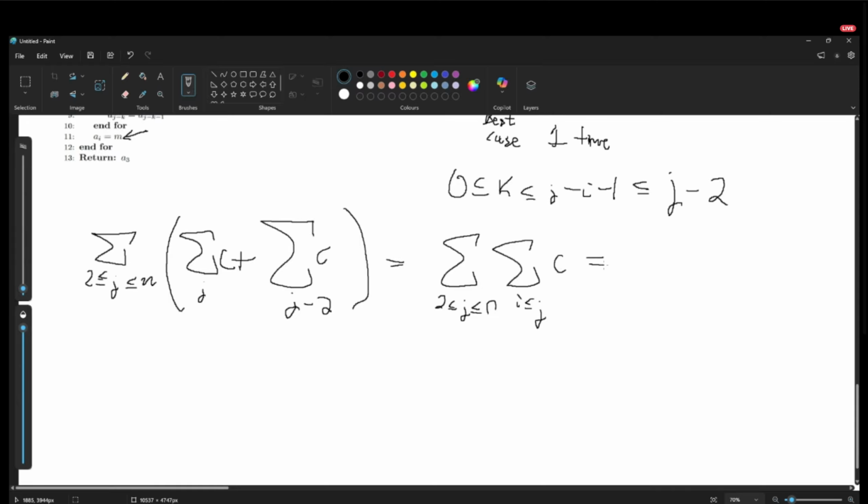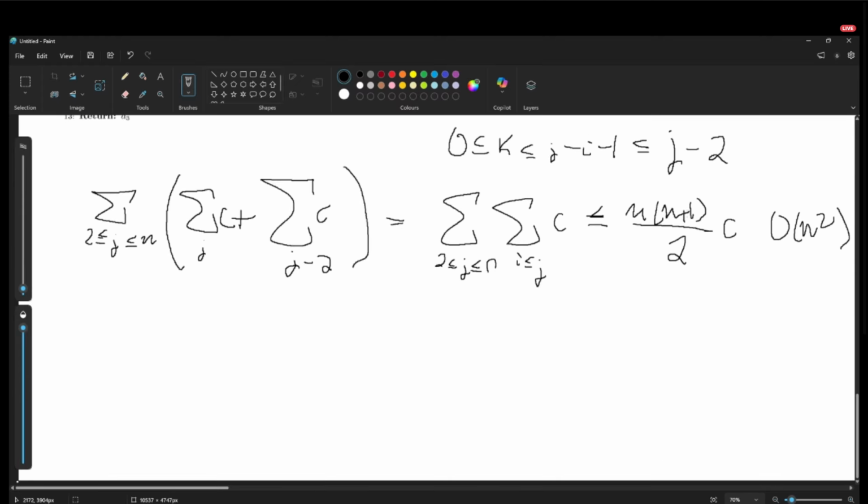You can show that this is less than or equal to n times n plus 1 over 2 times c, which is big O of n squared. Because this is the worst case, O of n squared.